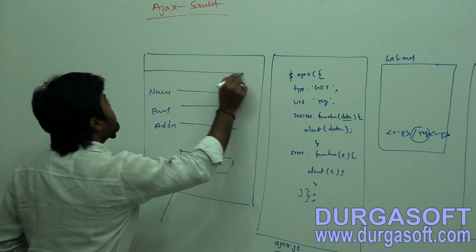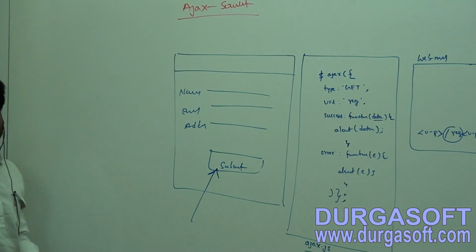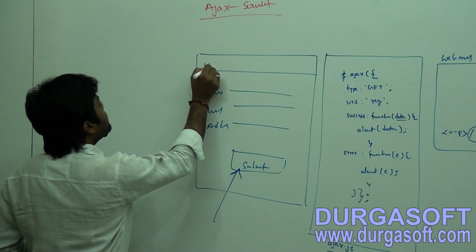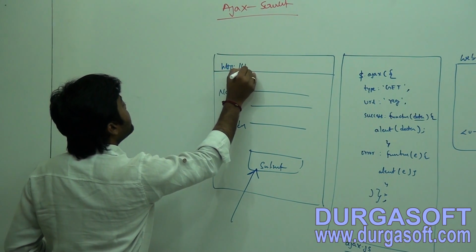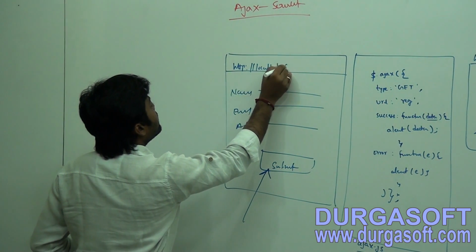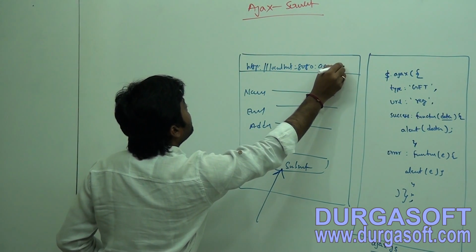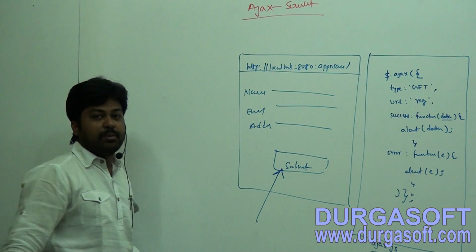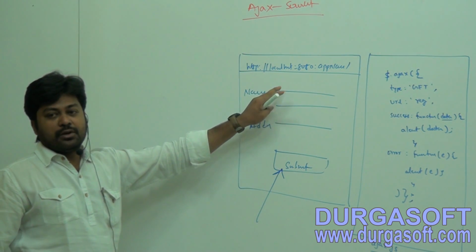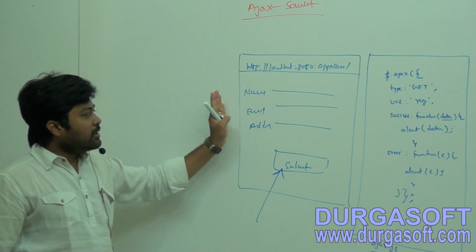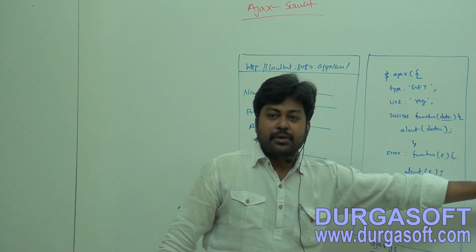While loading this page from your server, at the URL http://localhost:8080 and the application name, whenever you click the submit button, it will not refresh your page. The page remains the same, but the page data will be submitted to the servlet.